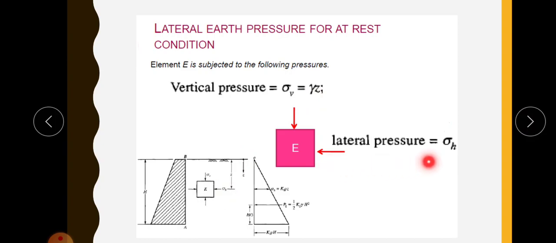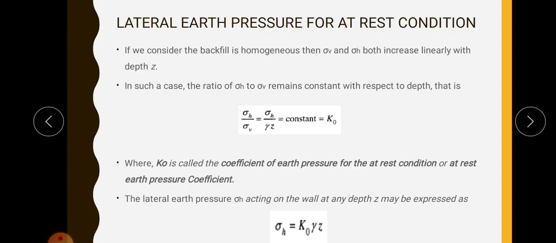And the lateral pressure is sigma H. Next, if we consider the backfill is homogeneous, then sigma V and sigma H both increase linearly with depth Z. The value increases with depth. In such a case, the ratio of sigma H to sigma V remains a constant.